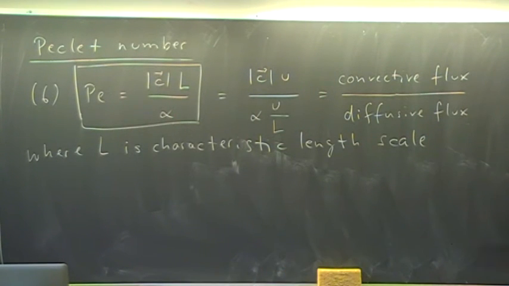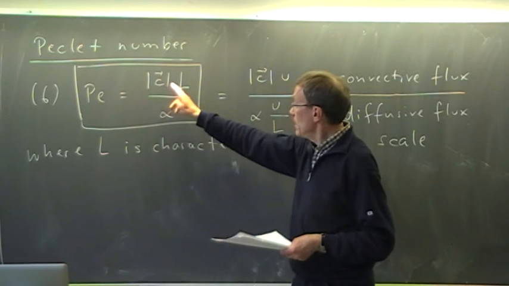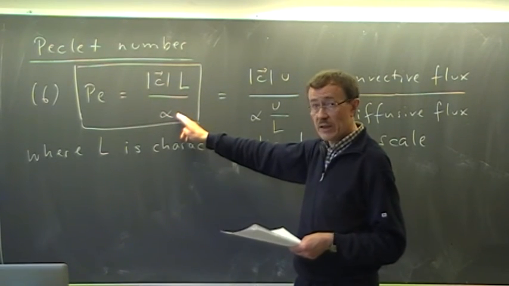For example, if we would talk about an airfoil, we could have the chord length of a wing as a characteristic length for that. If we have flow in a channel, or a pipe, we would have the diameter or the height of the channel. So it depends on the problem. But then again, it would be the Reynolds number. Because then we would have here the velocity, the length scale, and here we would have the kinematic viscosity.